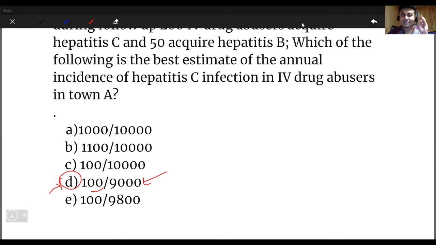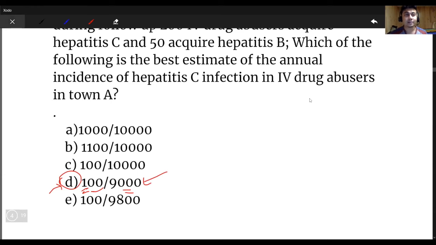So D is the answer here. Again, why is D the answer? Look at the denominator. This is the only denominator that matches your definition. Nothing else. Now you might ask me, okay, here it is 100, but they are asking about 200. Well, that's good.